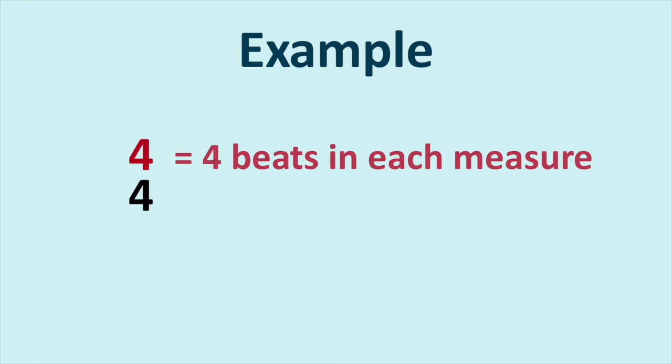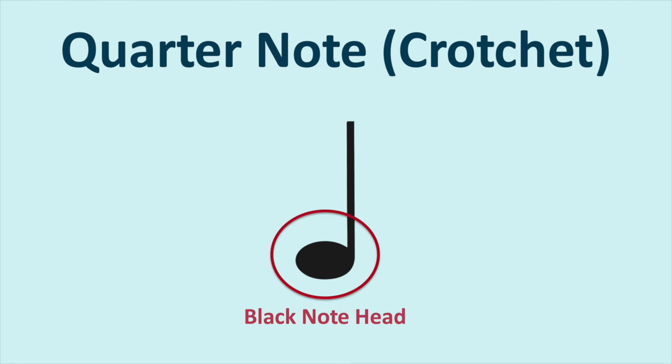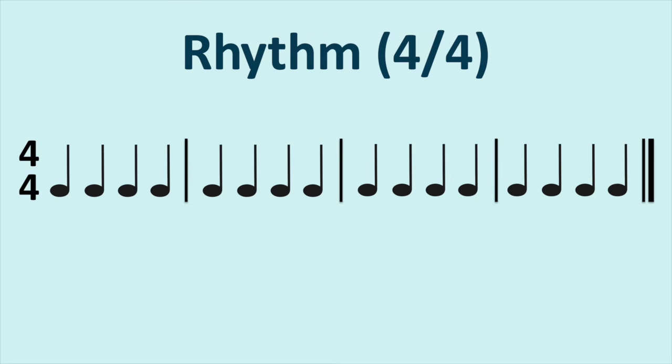To illustrate the time signature, let's start with 4/4 time, also called common time because it's so common. The top number 4 indicates that there are 4 beats in each measure. The bottom number 4 means that quarter notes, or crotchets, get 1 beat. The quarter note symbol is a black note head with a stem. In this example, the rhythm is 1, 2, 3, 4, 1, 2, 3, 4.